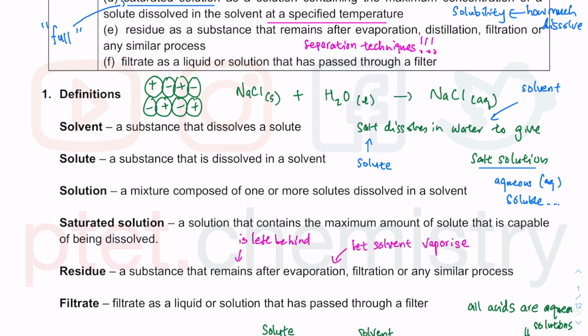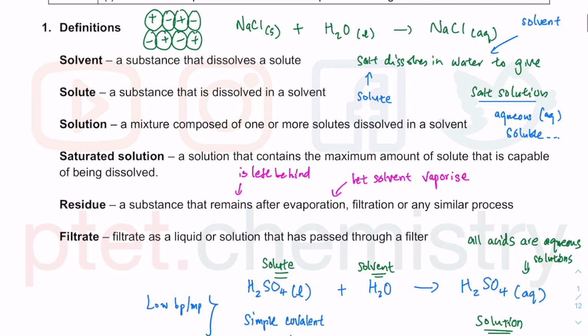Filtration, well, the verb itself is filter. So filter means you remove the insoluble stuff from the soluble stuff in the solution. So for example, if we have dirty water, muddy water, and we want to remove the mud, we pass it through a filter, and the filtrate is the liquid that passes through.